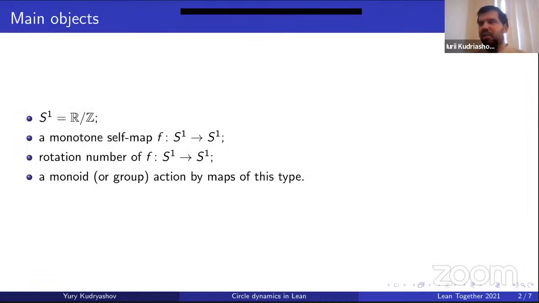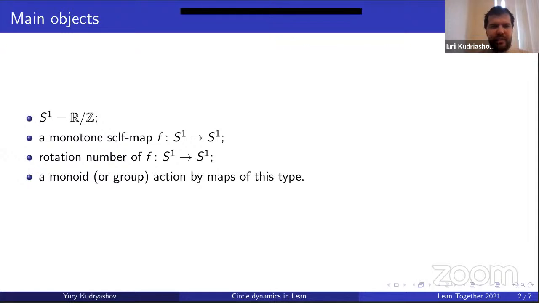First, let me list what I will be talking about. A circle in this talk is the quotient space of R modulo Z. And I will only talk about degree 1 maps from circle to itself. The simplest example is just rotation.